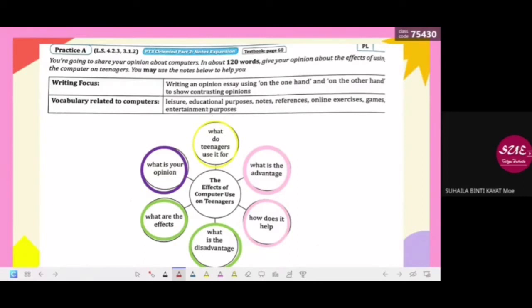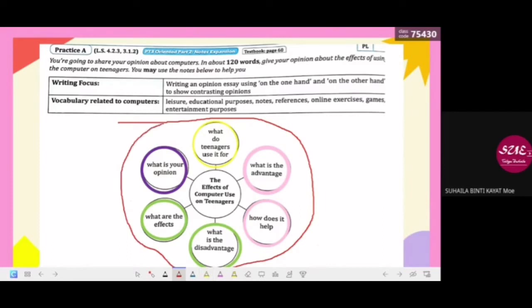If you don't understand, go and find the meaning in Google. Alright? Okay, so this is the layout of your essay. This is the soalan, the effects of computer use on teenagers.